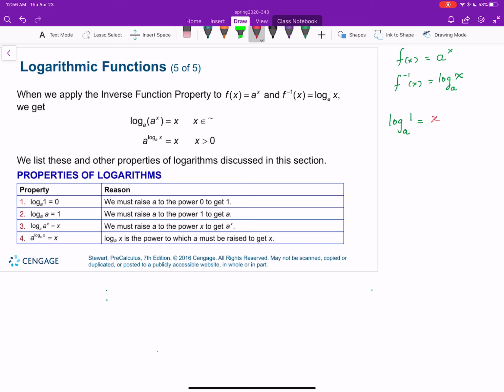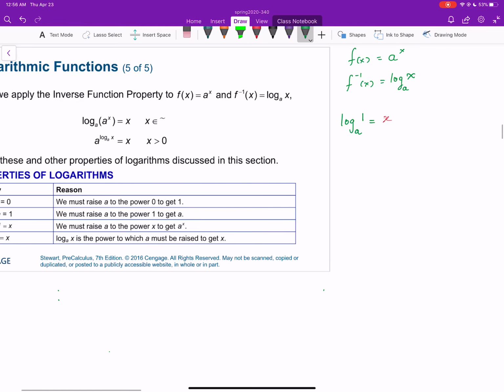If that's the case, then we can always change a logarithmic expression into its exponential form. So this is the same as writing this as, remember that a represents the base, the x is the exponent, and then the 1 is the argument.